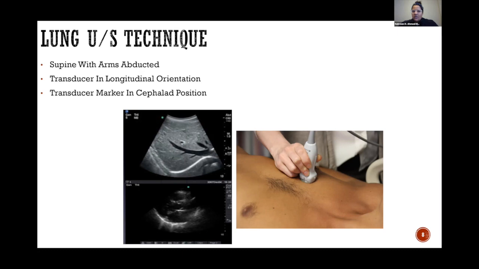To give you a little bit about ultrasound technique, we're typically looking at 2 different orientations, either a longitudinal orientation or a transverse orientation. If you look here, this probe has a dot, just like every other probe. I'm going to show you the one that I have. I have a Butterfly here.